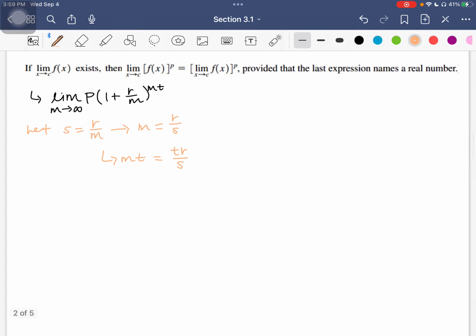And lastly, actually let's start with that. So we're going to rewrite this limit as the following.